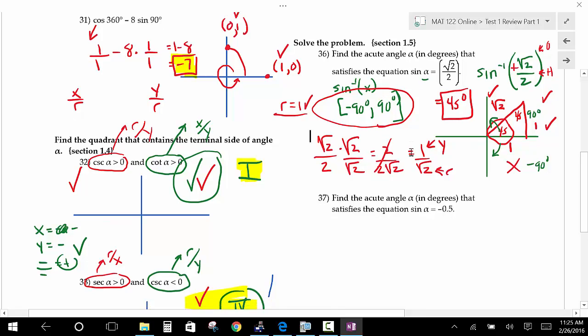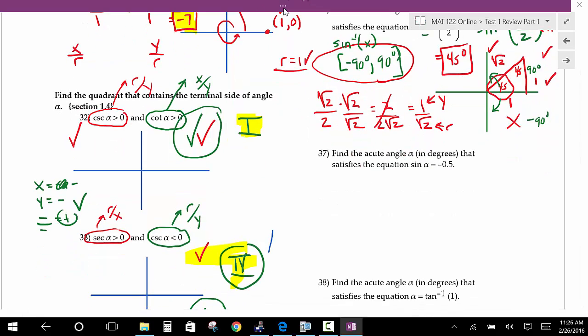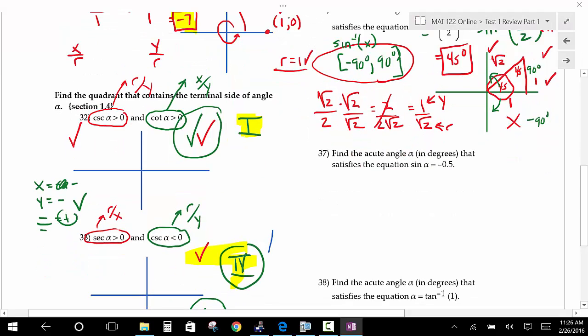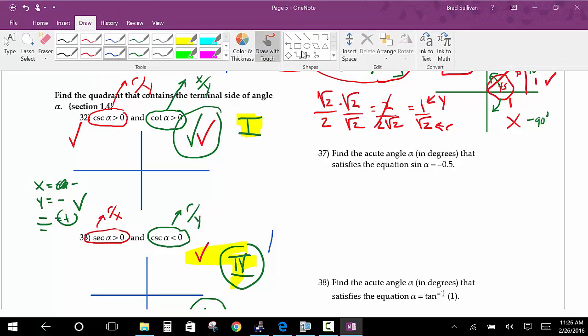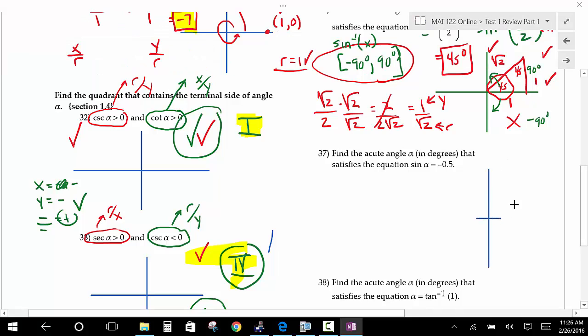Okay, the next problem will illustrate that a little bit more, so let's move on and look at the next one. The idea with this one is, if we again draw a coordinate system, first of all, the answer to an inverse sine must always be in this interval. So you're either there or there.